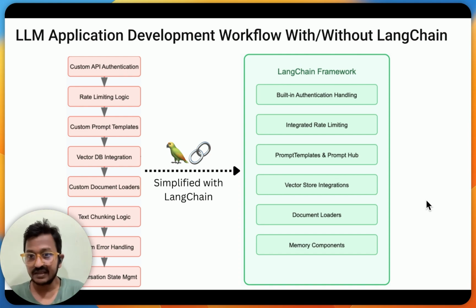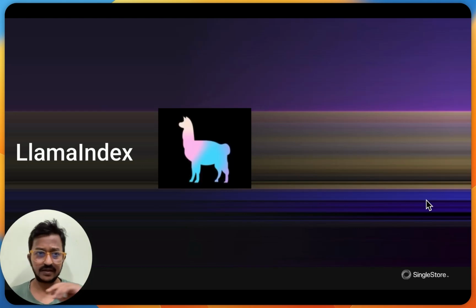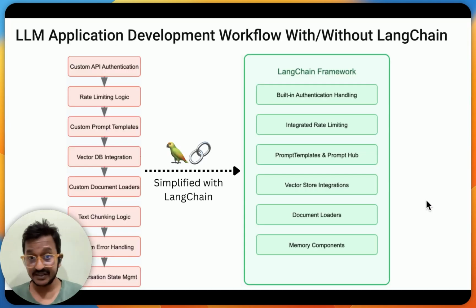But LangChain, as an all-in-one framework, gives you everything: built-in authentication handling, integrated rate limiting, prompt templates, vector DB integration, document loaders, and memory components. So it simplifies your whole AI application development. So that's it about the LangChain part.